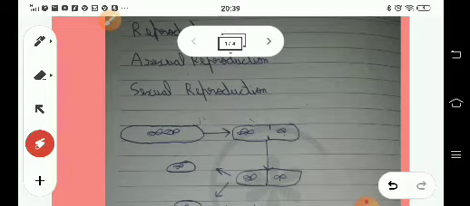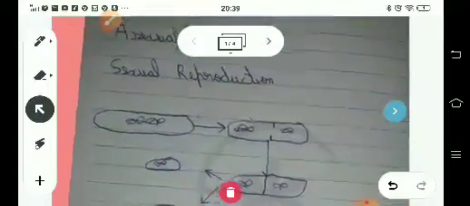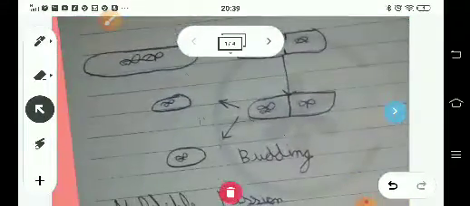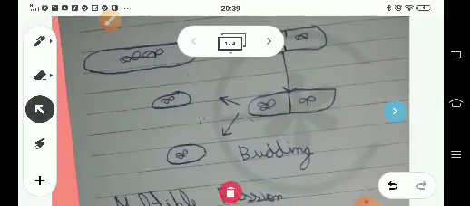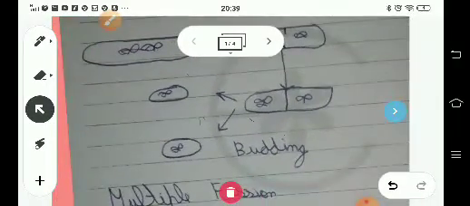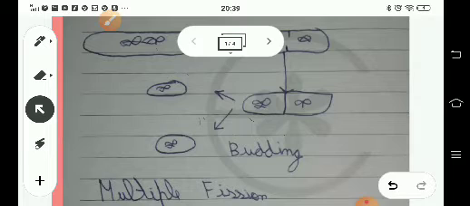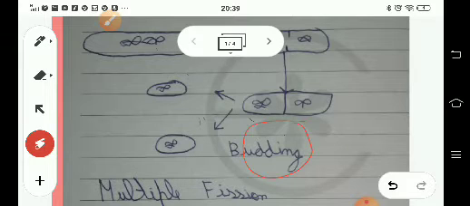So asexual reproduction is again divided into many types. Over here, first of all I will discuss budding.